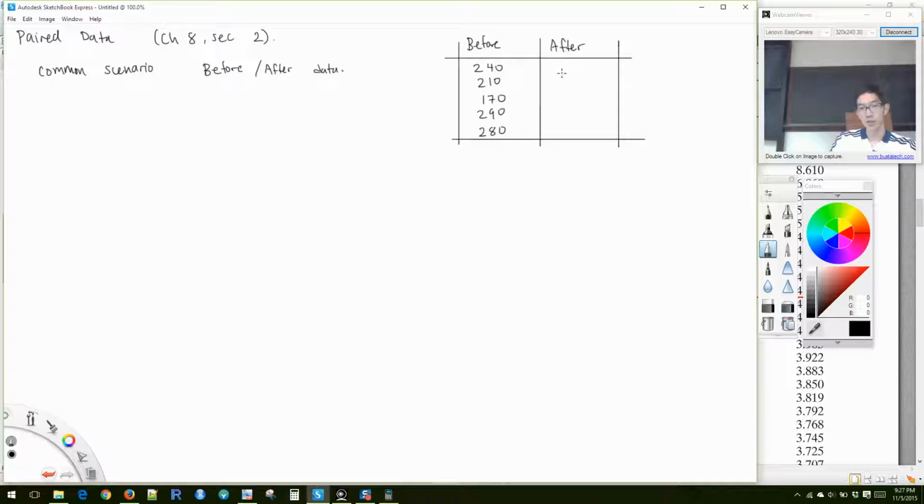After using this weight loss pill, this person weighed 235, 205, 165, 285, and just for a little variation, we'll say 273. So this was person A, B, C, D, and E.